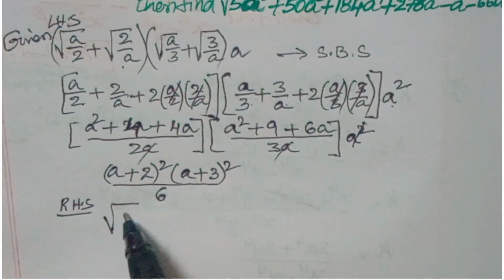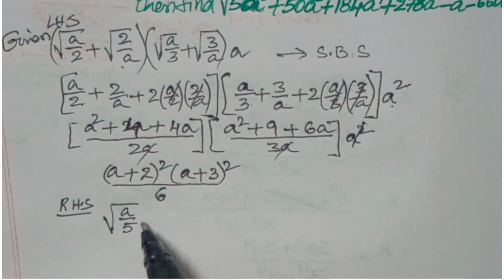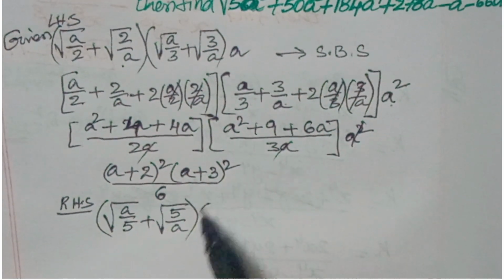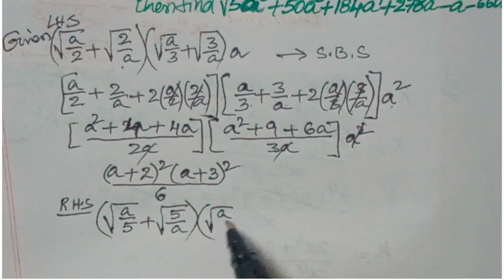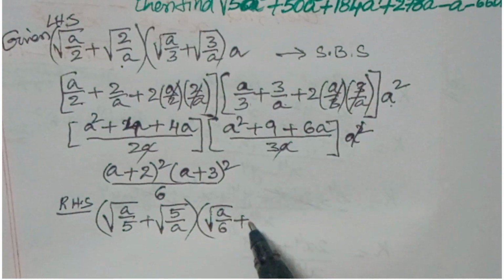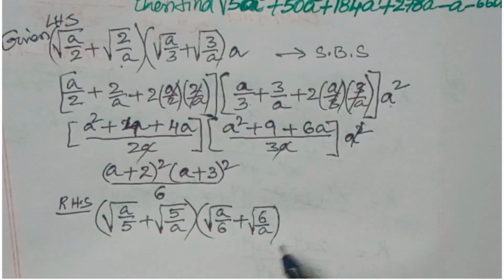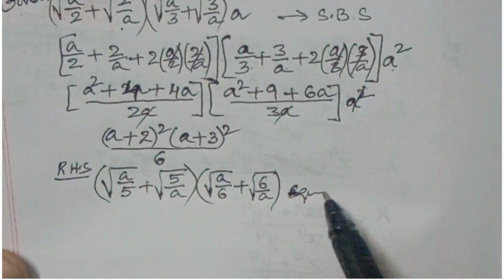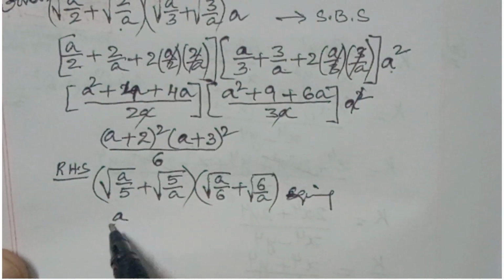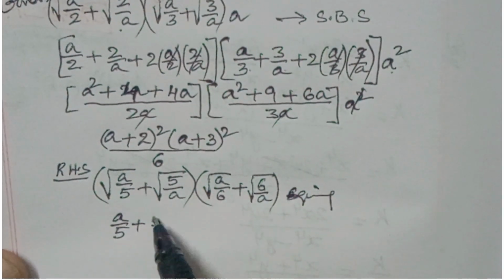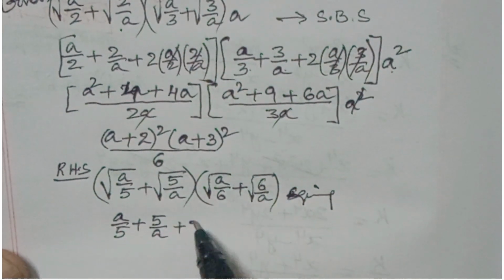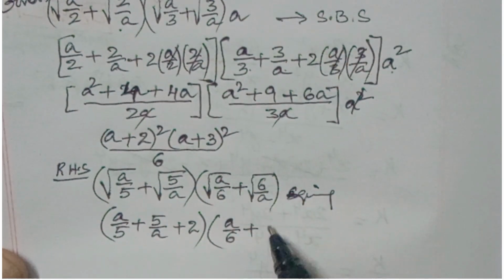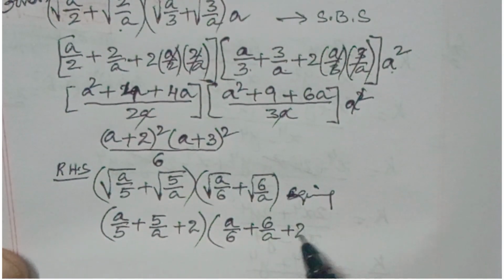RHS is (√(a/5) + √(5/a)) into (√(a/6) + √(6/a)). Squaring this, a by 5 plus 5 by a plus 2, and the second one a by 6 plus 6 by a plus 2.